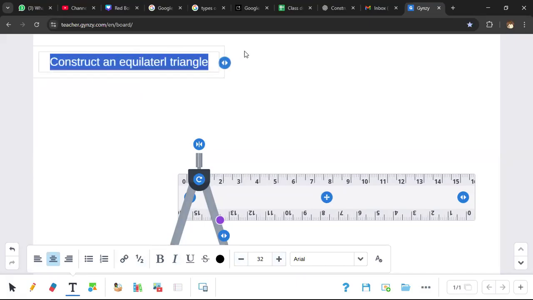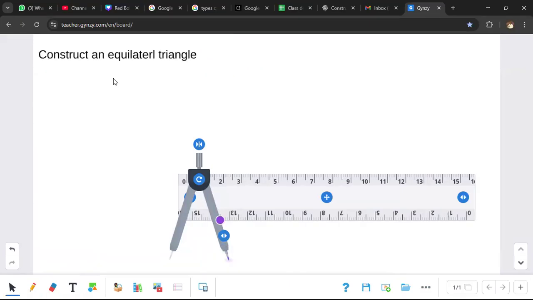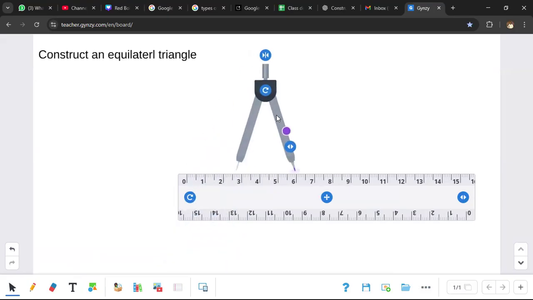This is how we are going to construct an equilateral triangle. So this is your ruler and this is your compass. First of all, I will do the same example so that you can understand it clearly. Example number 1 that we did earlier.